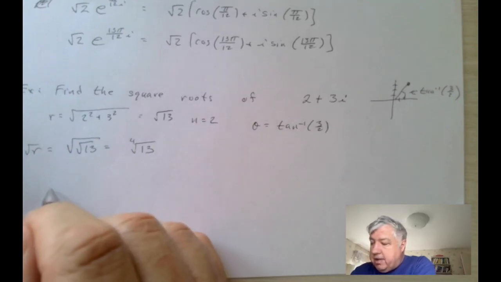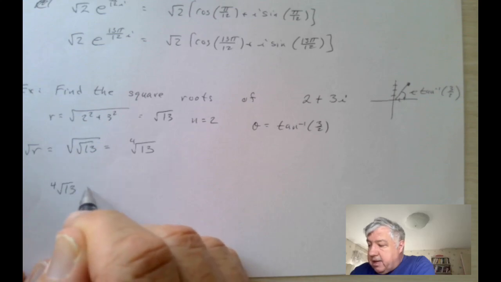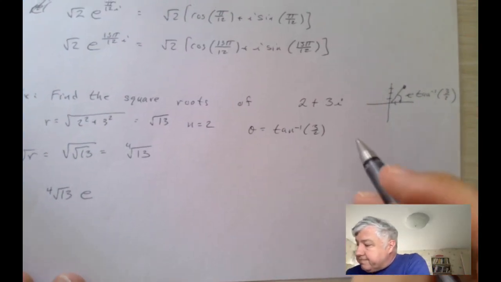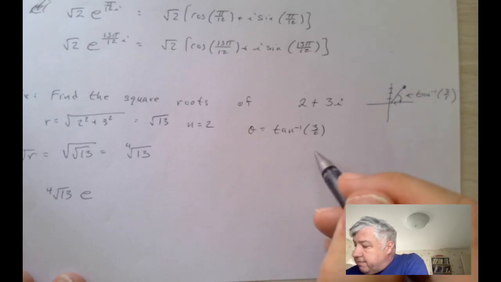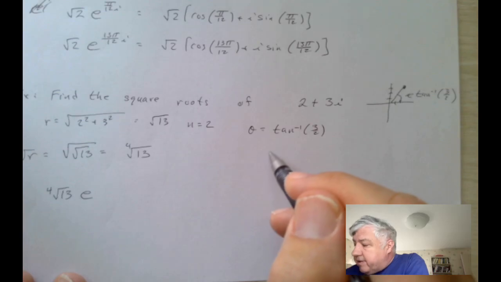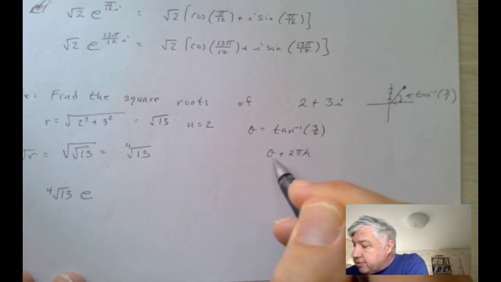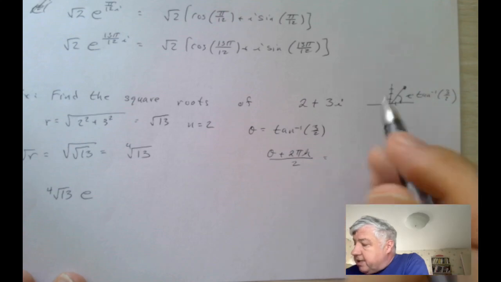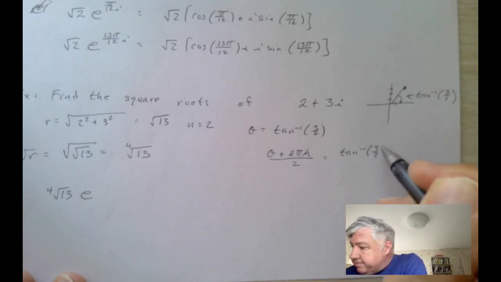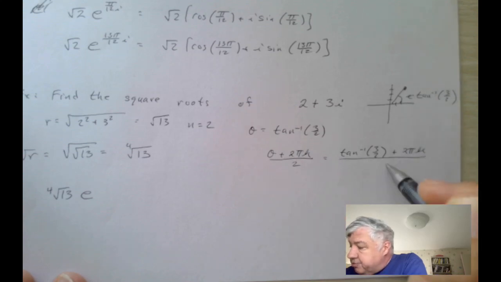Okay, so our answer will be the 4th root of 13 times e to the, we want to take theta plus 2 pi k over 2, which is the inverse tangent of 3 halves plus 2 pi k over 2.